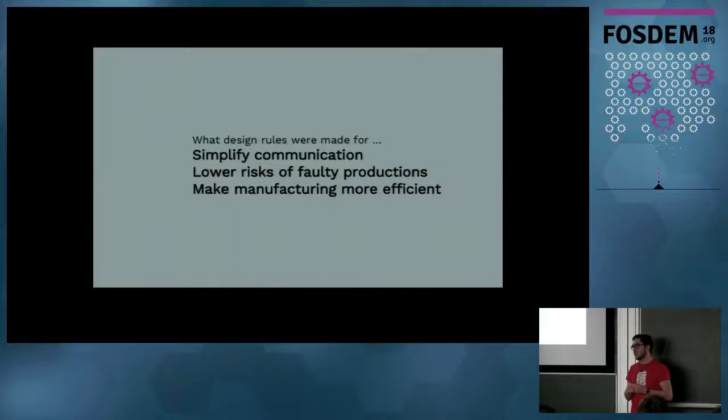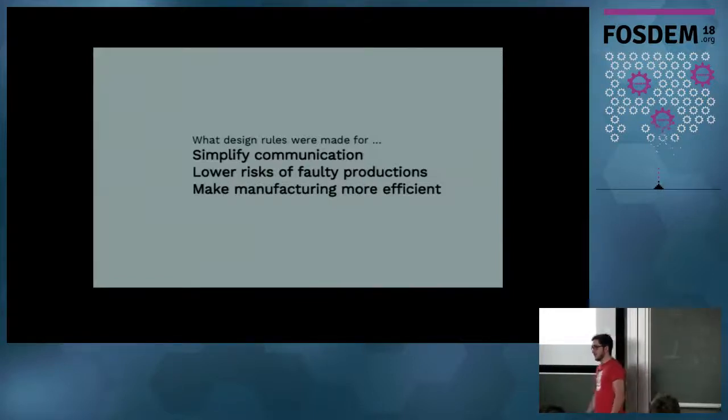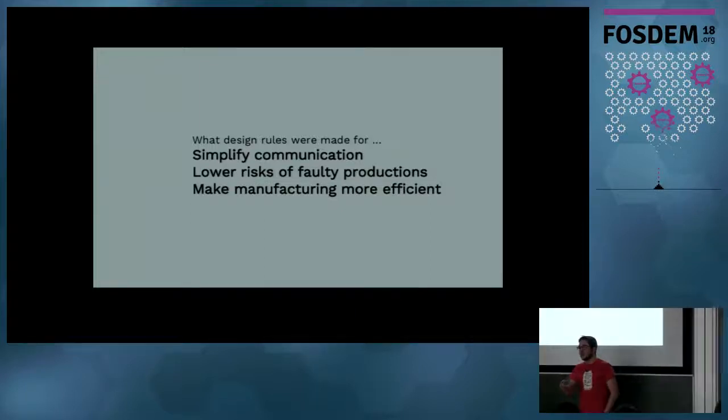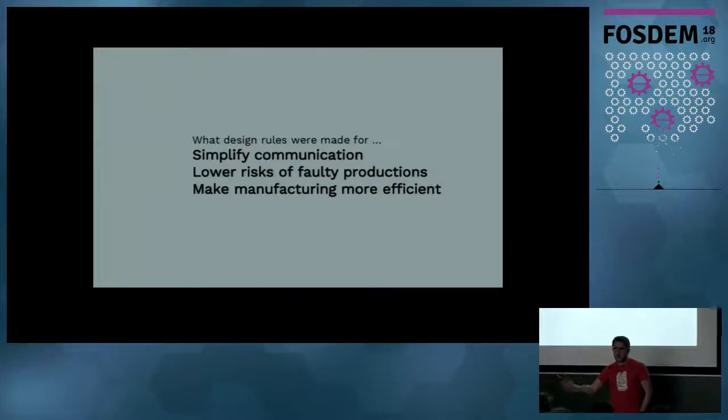And I guess that's really important, because, second point, it really lowers the risk of faulty productions. So the first thing when I see faulty PCBs is I check the design rules and see if they were somehow violated. And what most PCB manufacturers don't tell you is that they overproduce. So if you order like 50 pieces of your PCB and they notice that maybe half of the production is faulty, they just produce 100 and send you 50, because the other 50 are just broken.